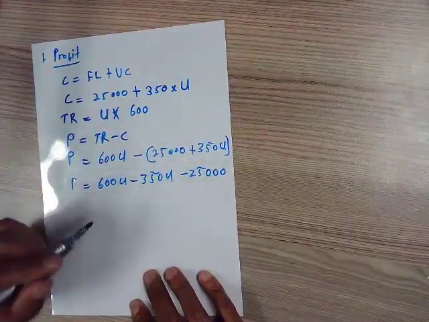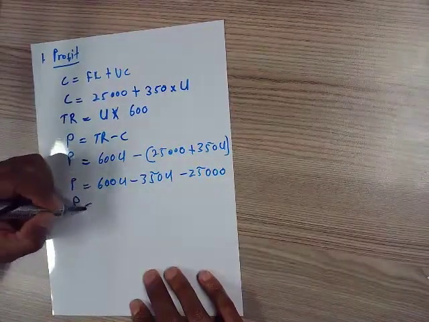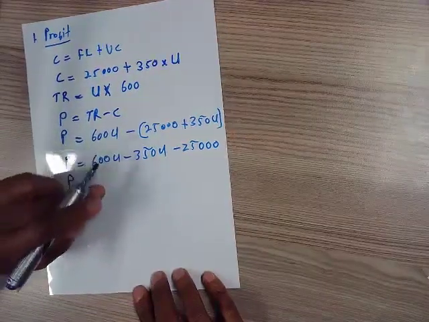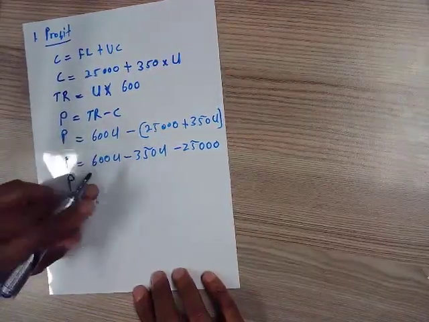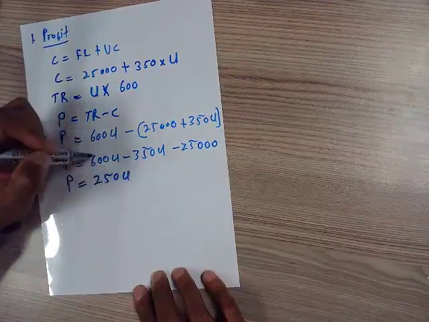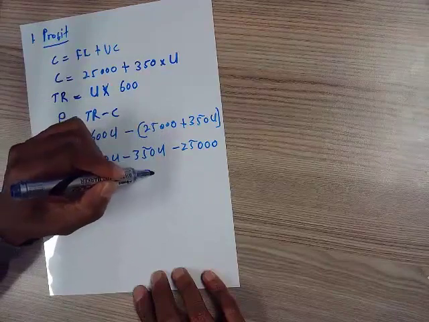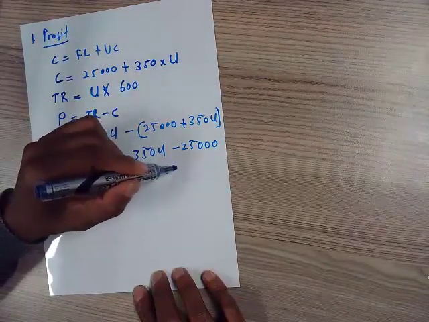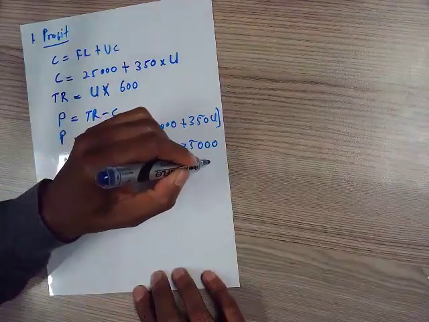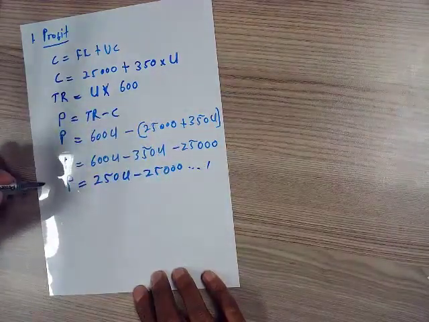Okay, let's be careful there. That is going to be 250 units, that minus that, minus 25,000, right? That's your profit equation.